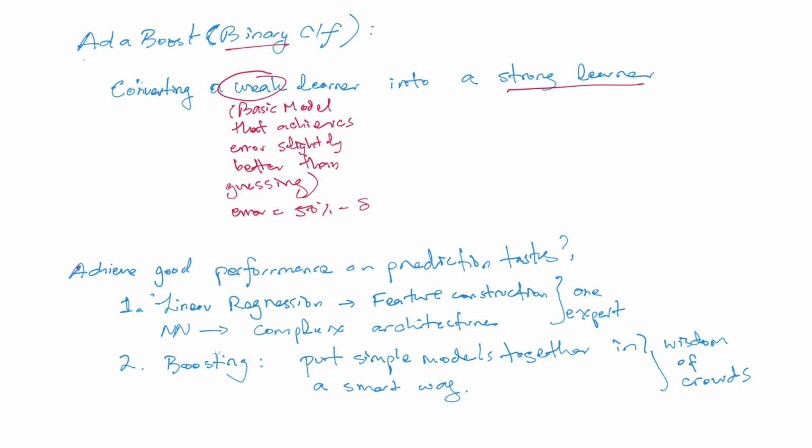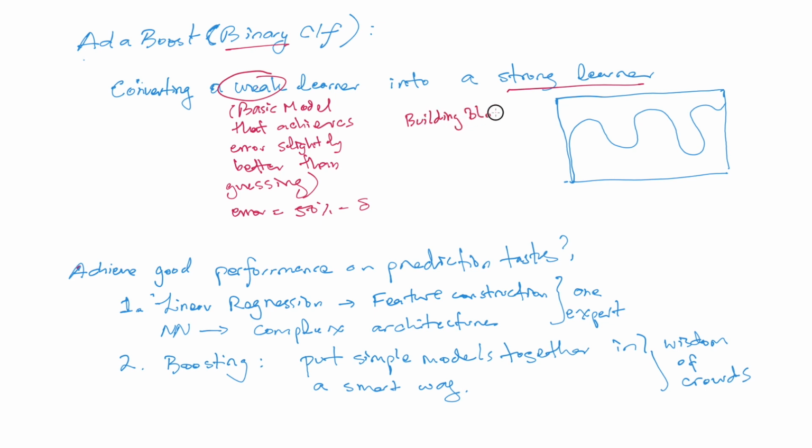Okay, and the idea of boosting, if you think about it, let's say you have this really complicated function that looks like this, right? And you only have some building blocks, which are either horizontal lines or vertical lines. Okay, and I want to combine these building blocks in a way such that I can approximate this really complex blue function.